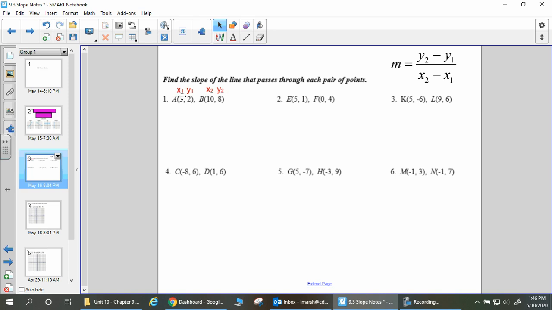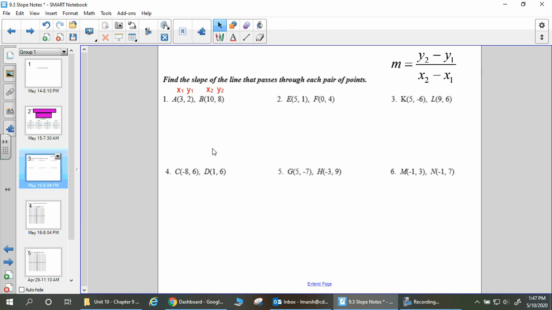So if you look here above my 2 ordered pairs in question 1, I already have them labeled. The first ordered pair is x1, y1 because it's the first ordered pair. The second ordered pair is x2, y2 because it's the second ordered pair. So when you're filling in the slope formula, the ones and twos are telling you which x or y value it wants.